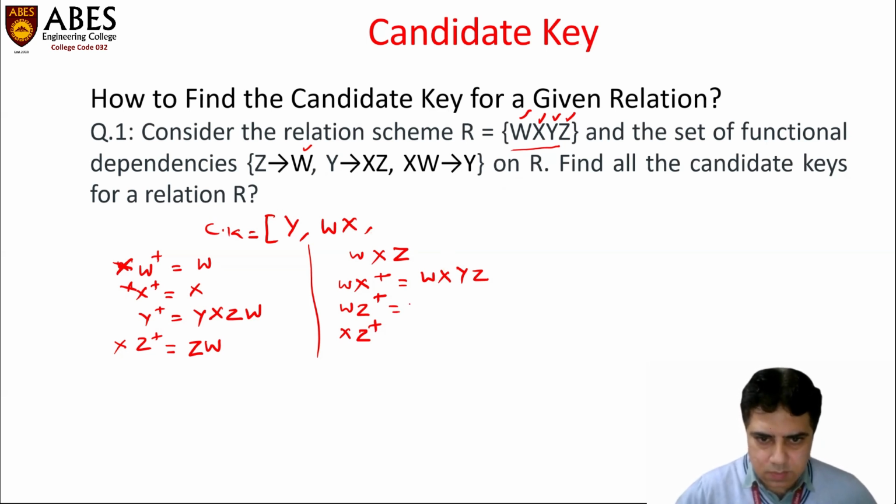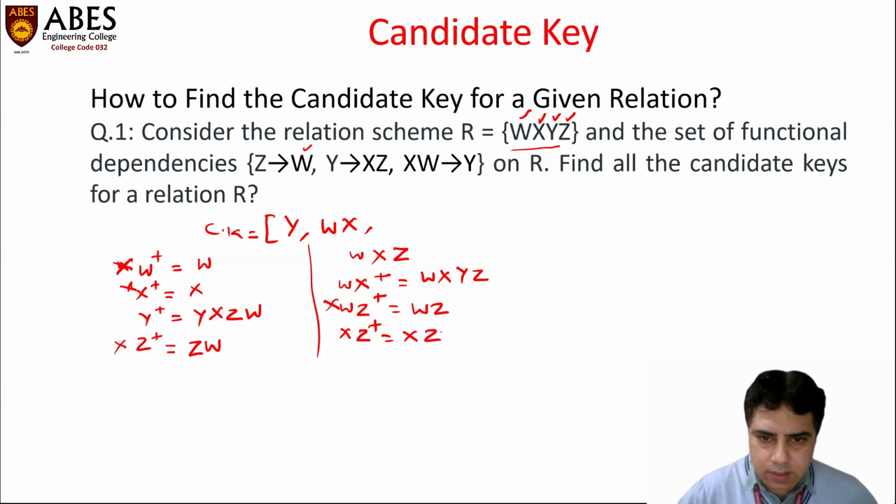Then WZ. From the Z we can determine W. Then no other attribute we can determine from this. This is also a failure case. Now XZ, we can determine XZ.